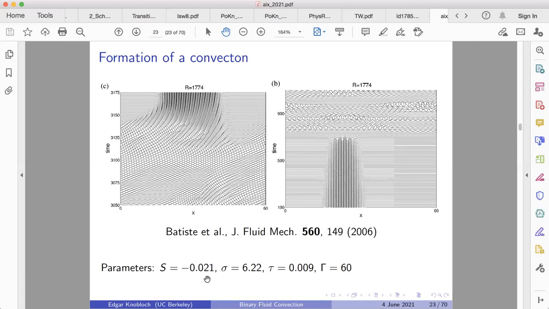Okay, so these are actually experimental parameter values. And what you see here is that the initial instability is an oscillatory instability. It's a Hopf bifurcation, but it's in an extended domain. So it generates this state of spatial temporal chaos down here.